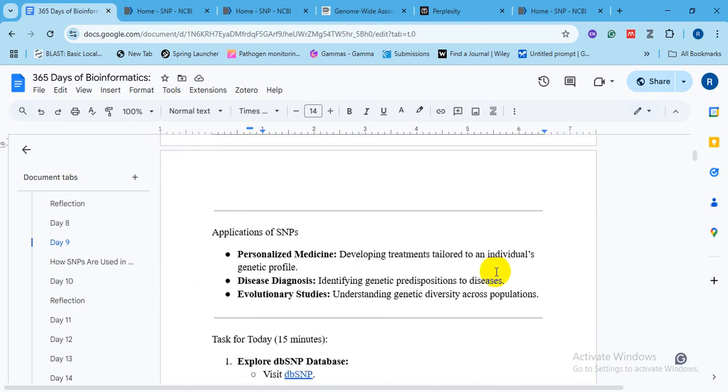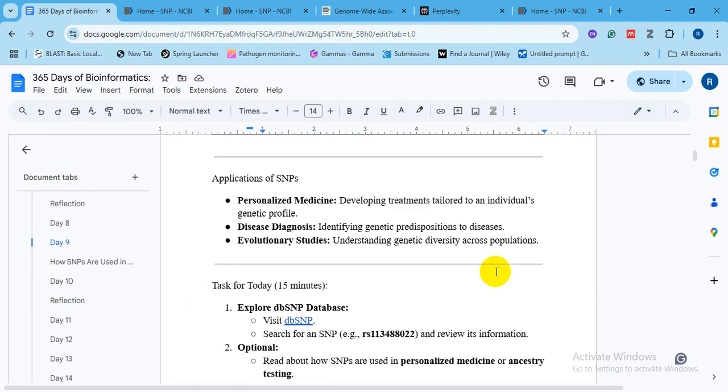What else? Applications. In what do we use SNPs? Number one, personalized medicine. It is developing treatment tailored to the individual. What we are doing now is one treatment, one size fits all.